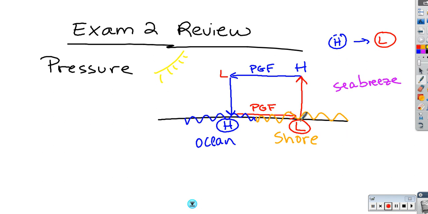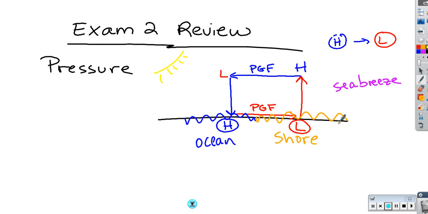And so the overall effect is that you have more air rising over the shore than over the ocean. And so you get this convection that takes air up off the shore towards the ocean. It sinks over the ocean and then pulls air from the ocean onto the shore.